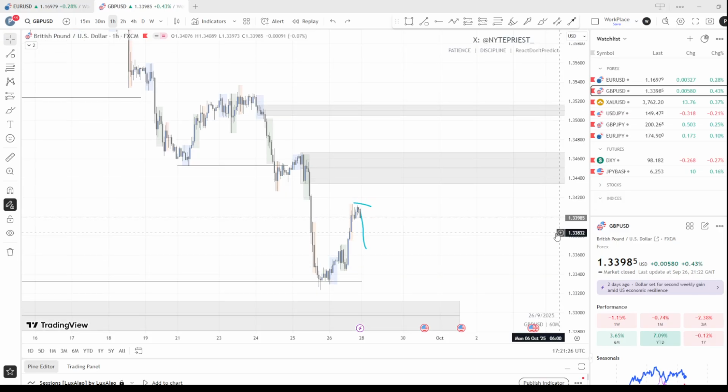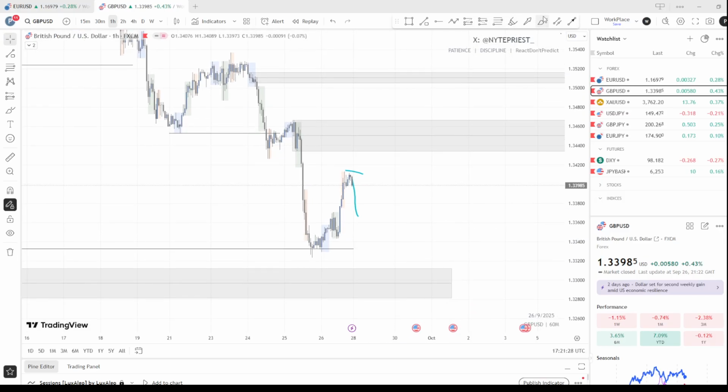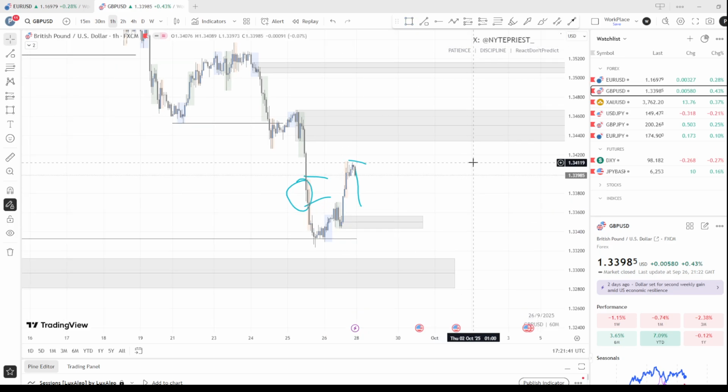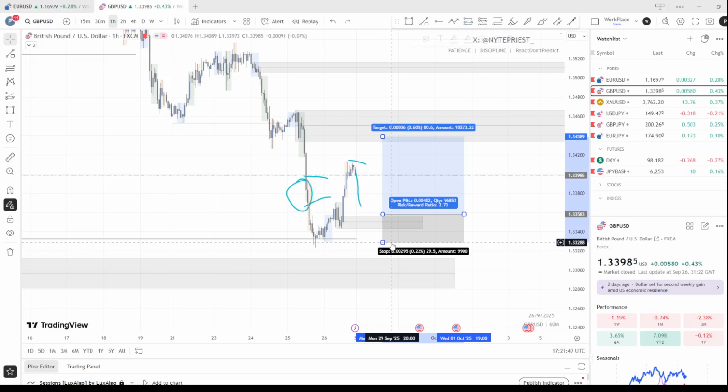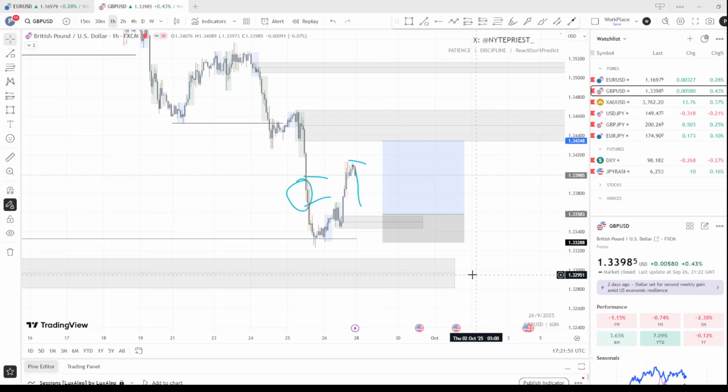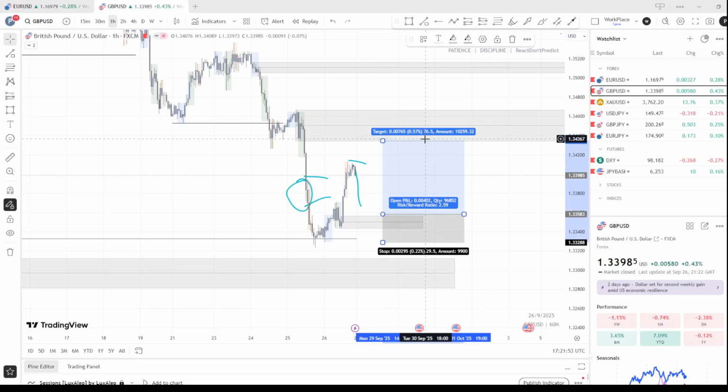As you can see, we've had a supply fill here. So you can look to have an aggressive buy on this zone with our stop loss here, or TP on this for a 2.59 ratio reward.